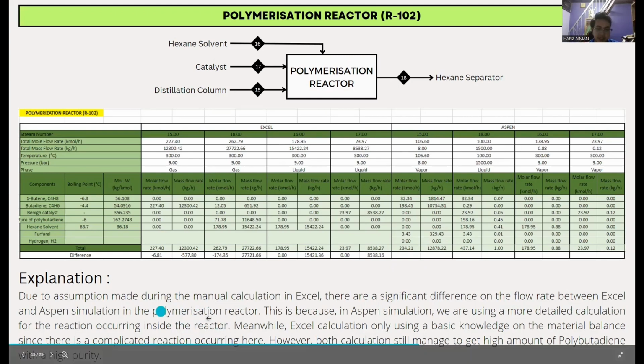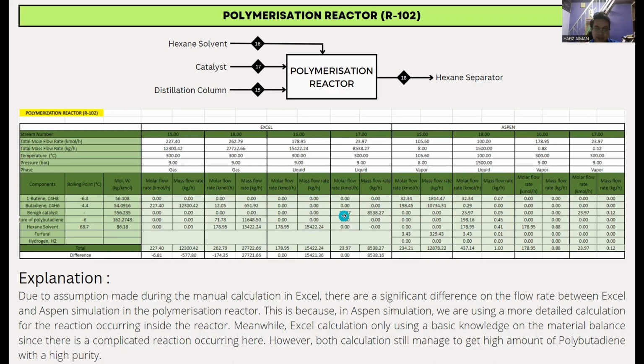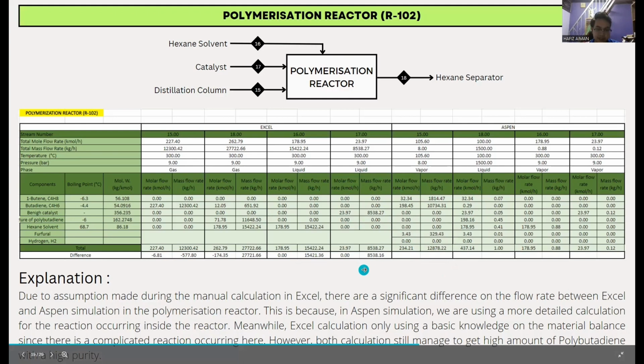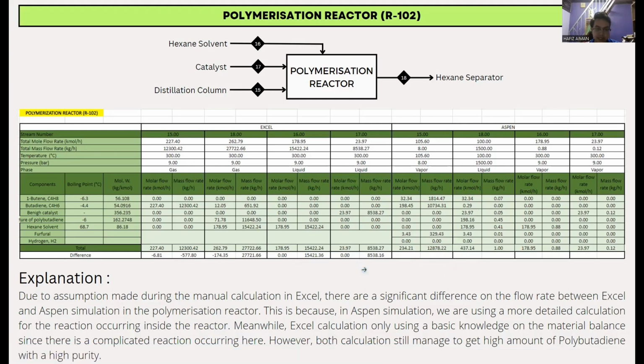For Aspen, we are using different methods and ways to make sure that we can get the result, which is really complicated and hard because we never learned about the method before. Meanwhile, the Excel calculation only uses basic knowledge of the material balance, since there is a complicated reaction occurring here. However, both calculations still manage to get a high amount of polybutadiene with high purity.